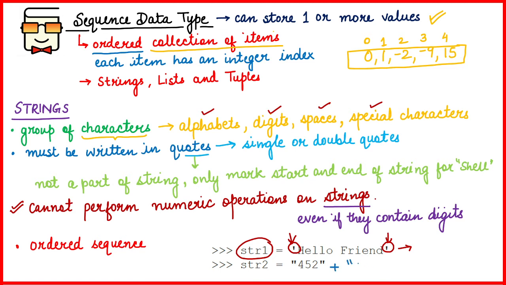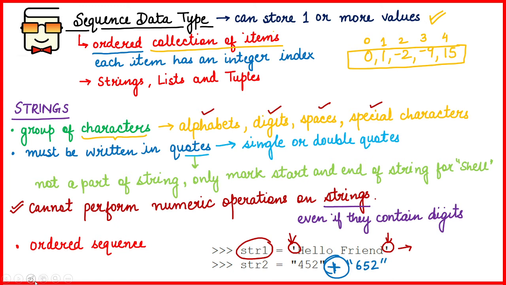So even if there are two strings that contain only digits, you cannot perform addition on that. This operation, addition of numbers, is not defined. The plus operator can be used for other purposes with strings, but you cannot perform addition, subtraction, or multiplication in such cases, even when the string contains all digit or numeric values.